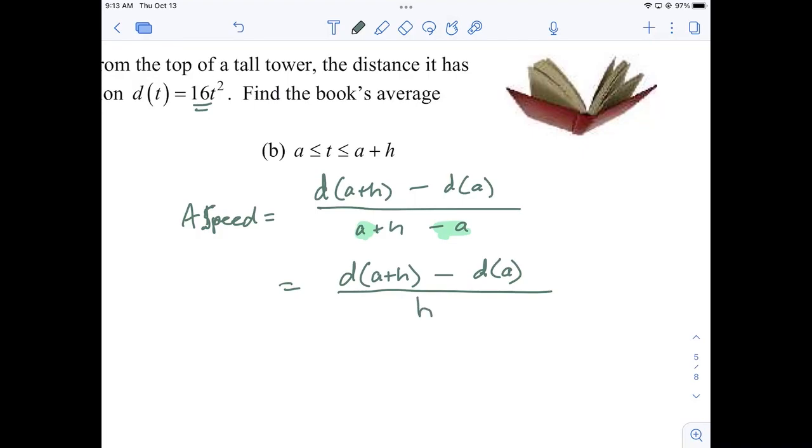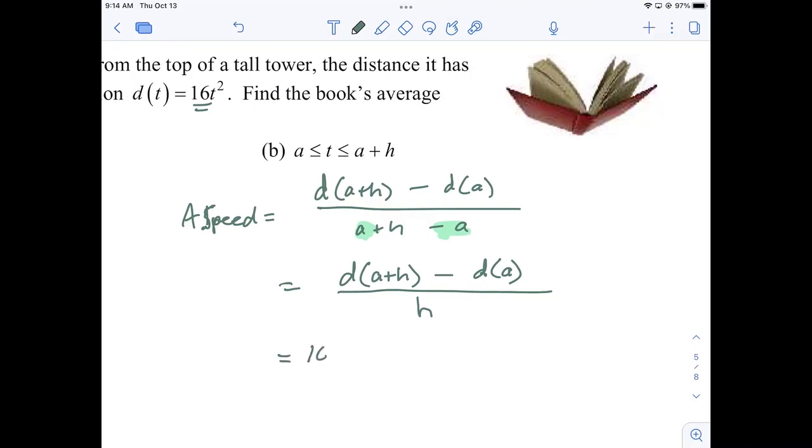Now stare at that expression on the right-hand side there carefully. Do you recognize it? I don't recognize it. Okay, well, let's keep going until you do recognize it. How am I going to evaluate d of a plus h? I'm going to plug a plus h in for t.